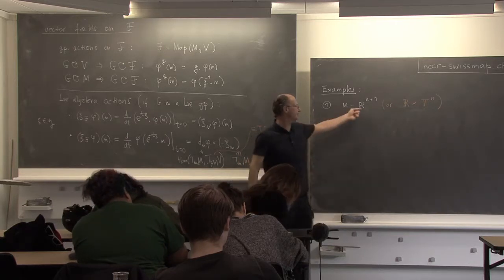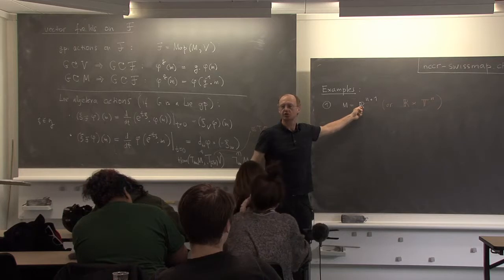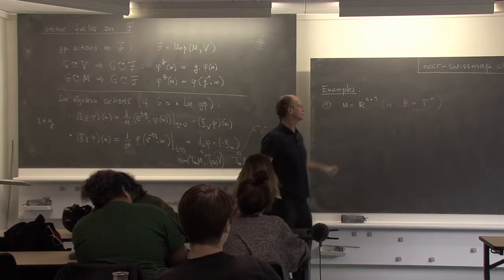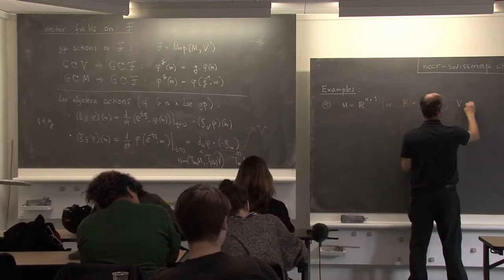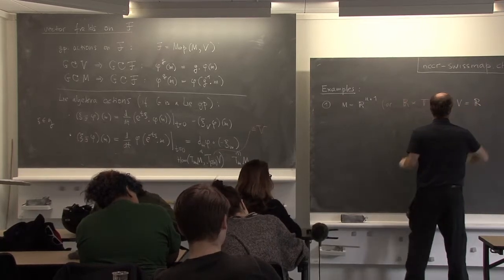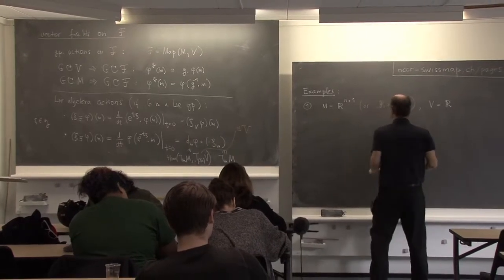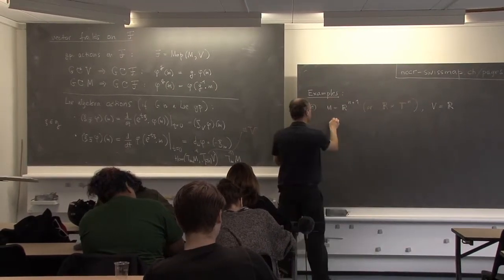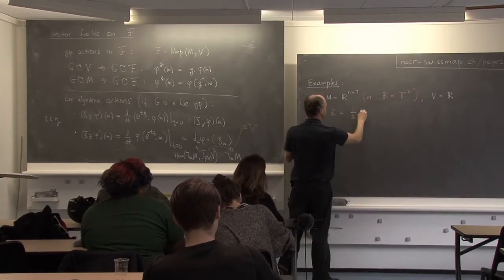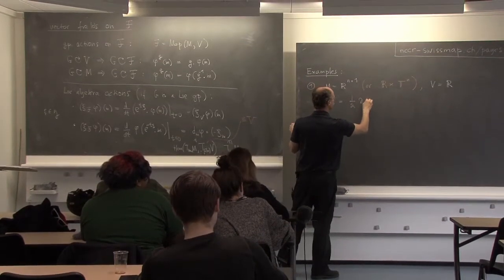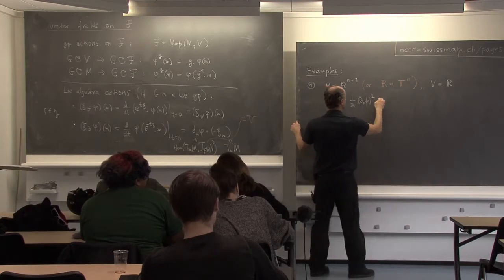Even though playing with conditions on our fields, we can also do this. So we take a scalar field. V is simply equal to R. So we consider the Lagrangian, which is the most standard, the Lagrangian of the scalar field.